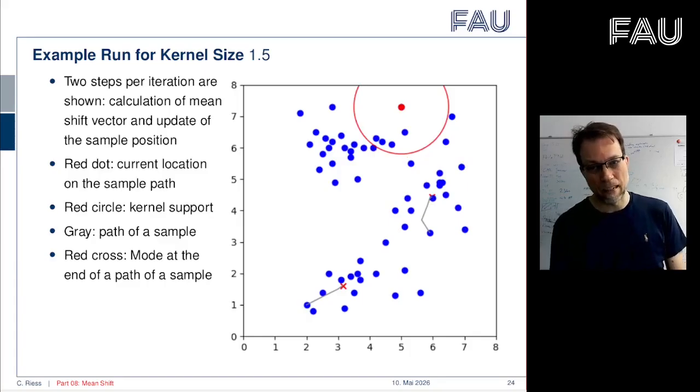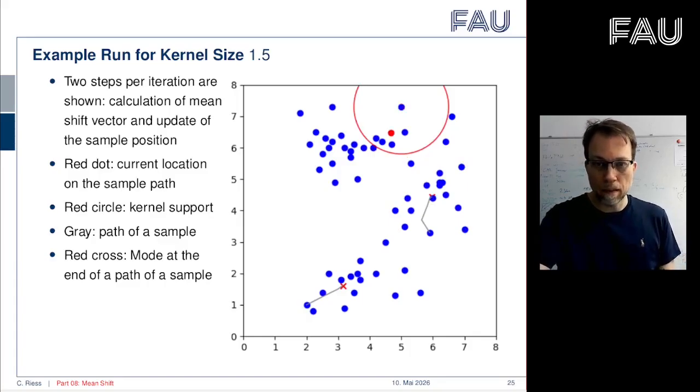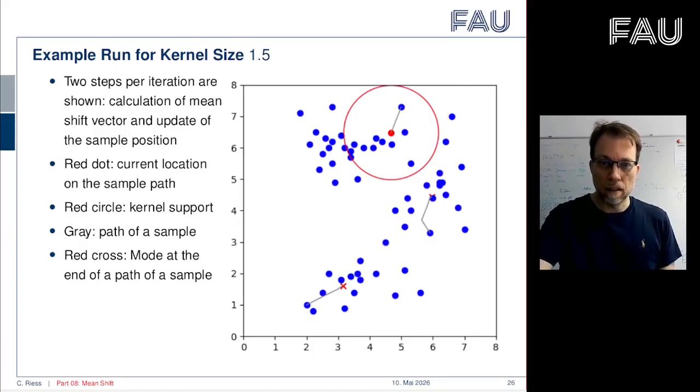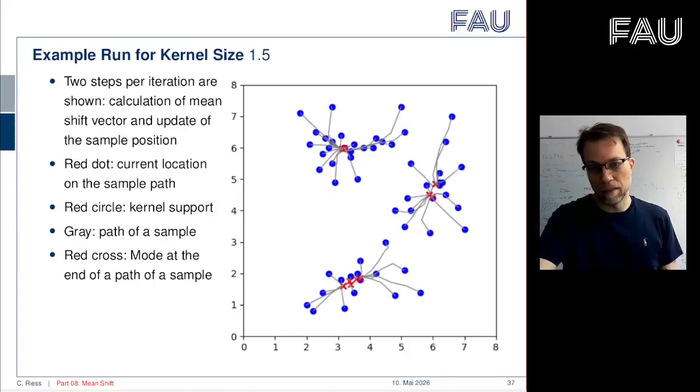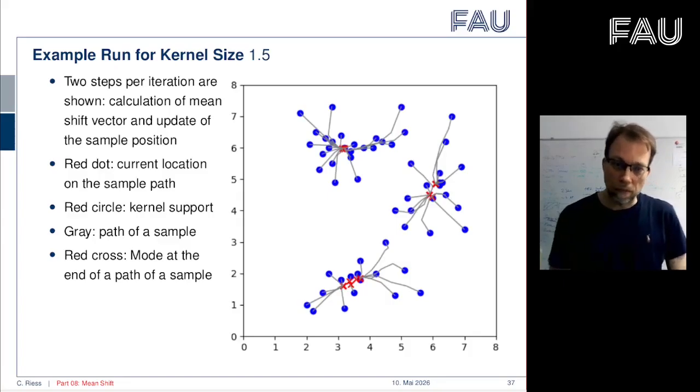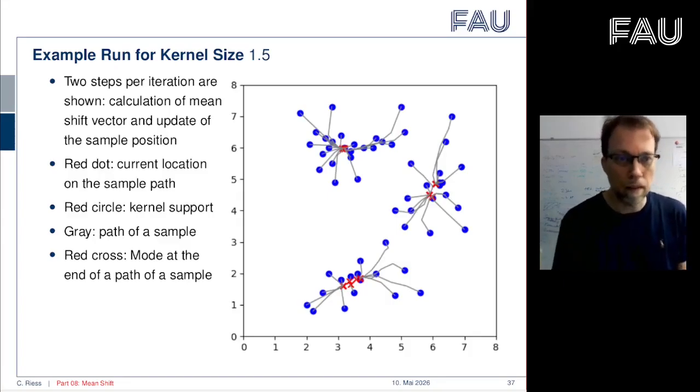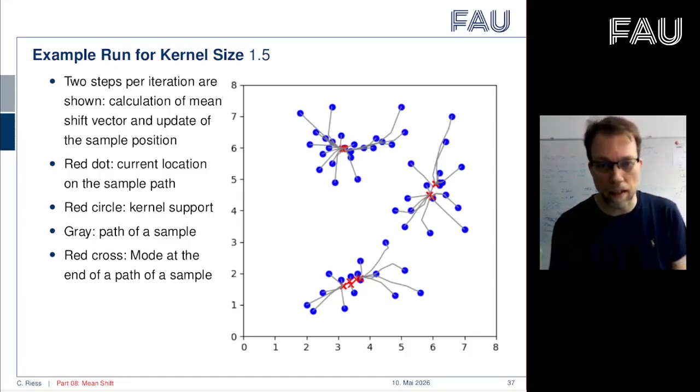So let's pick a third sample. It jumps over there, it jumps over there, jumps over there. Will it ever stop? Maybe here. Okay. Now we moved. And if I'm iterating this for every point, then we get the result that we're seeing here.